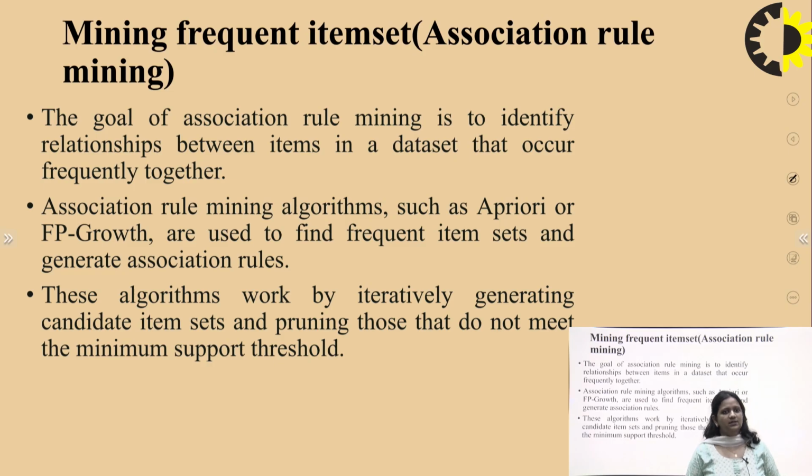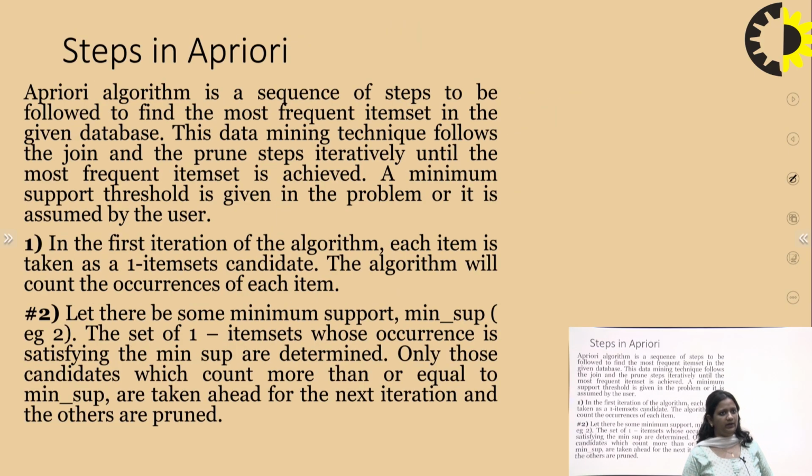Now let's discuss the Apriori algorithm. The Apriori algorithm is a sequence of steps followed to find the most frequent item sets in a given database. This data mining technique follows the join and prune steps.